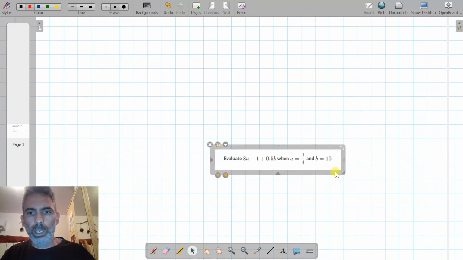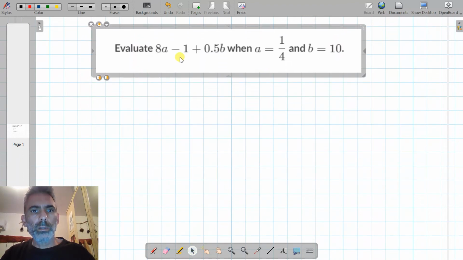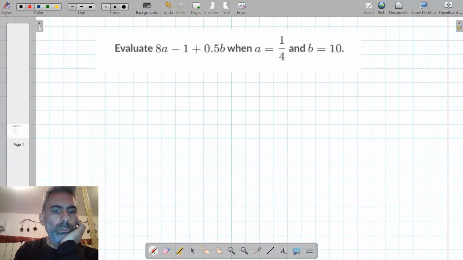Okay, evaluate 8a minus 1 plus 0.5b when a equals 1/4 and b equals 10.